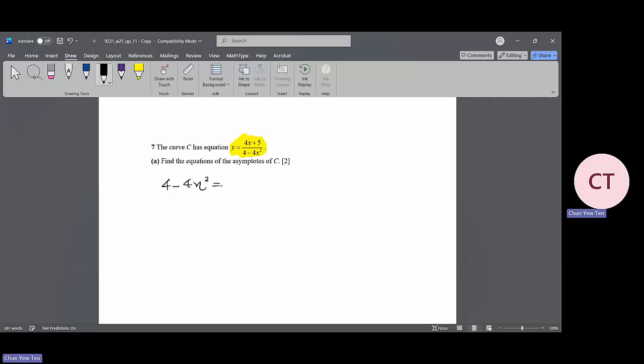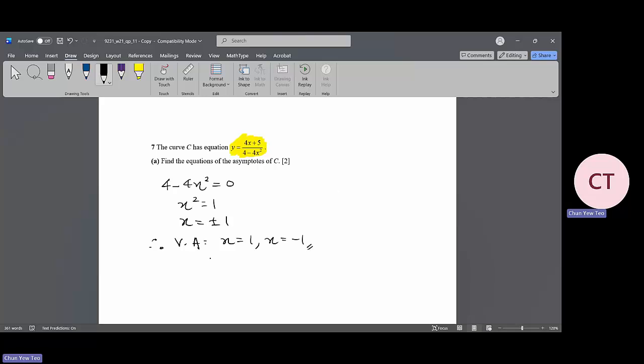For the vertical asymptote, you just need to take the denominator out and then let it equal to 0. And then you can see that your x is plus minus 1. And therefore, your vertical asymptote is x equal to 1 and x equal to negative 1.